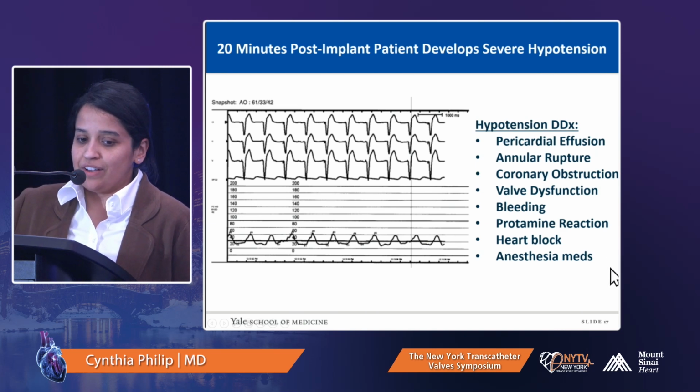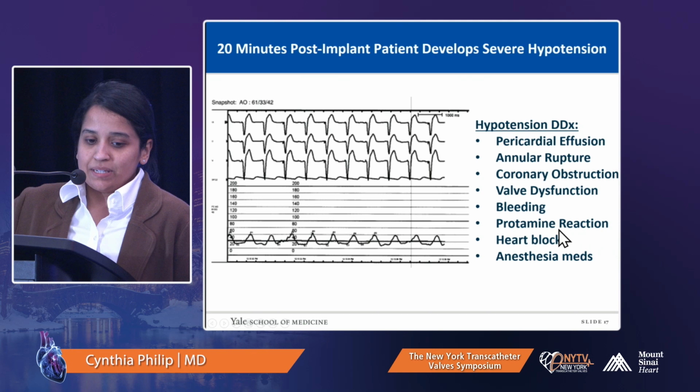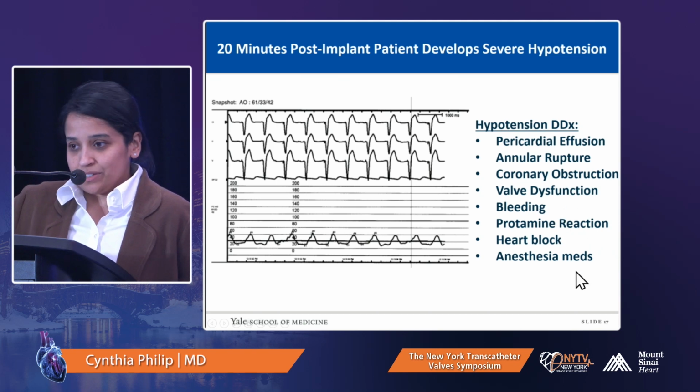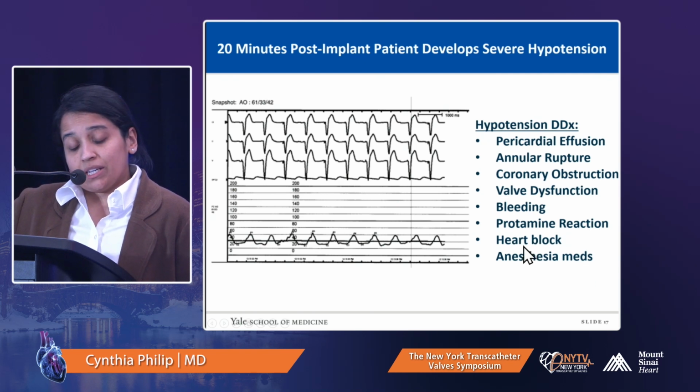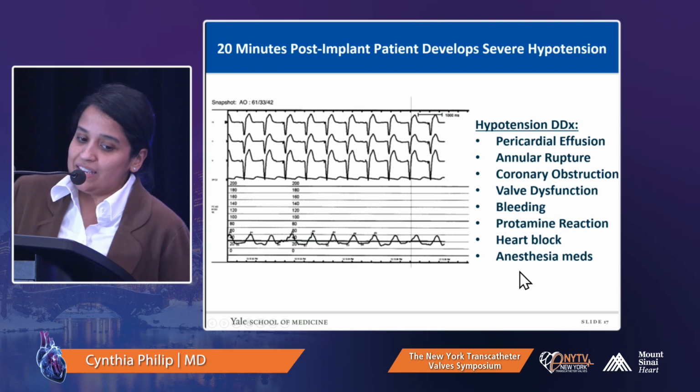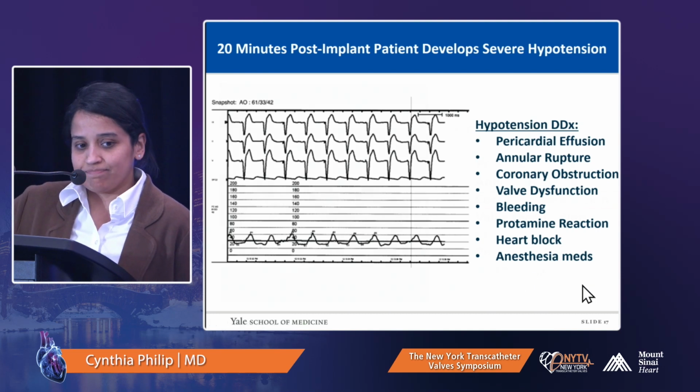We should consider valvular dysfunction, potentially bleeding from a vascular catastrophe, protamine reaction because she had received that, potentially a heart block or other arrhythmia, or maybe heavy anesthesia medication.